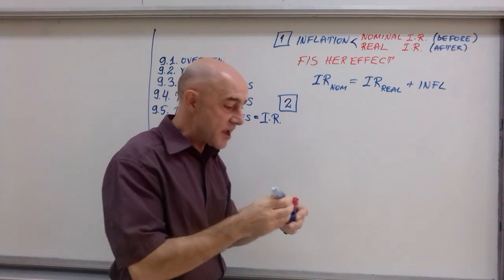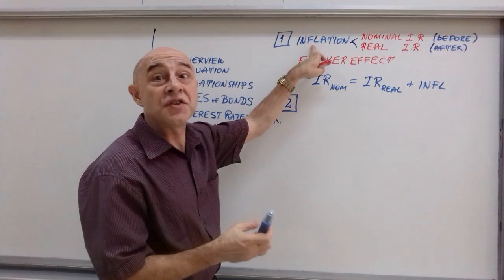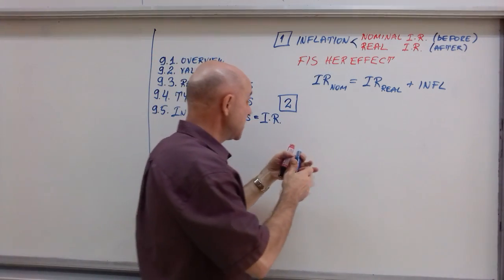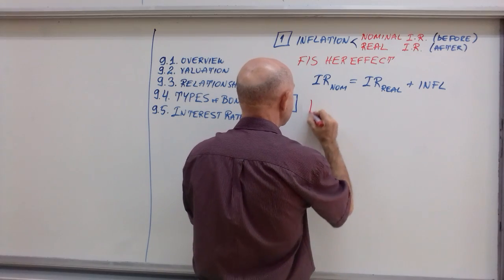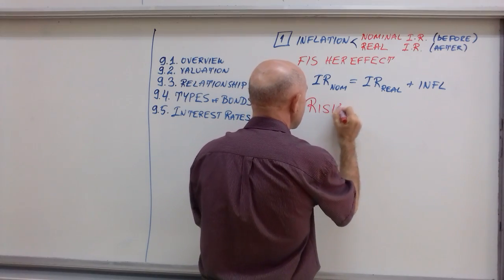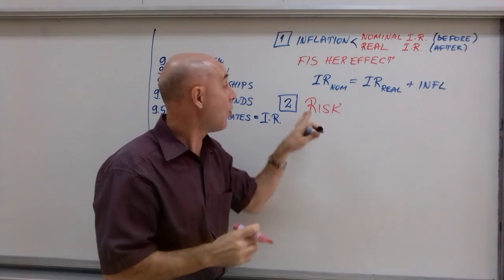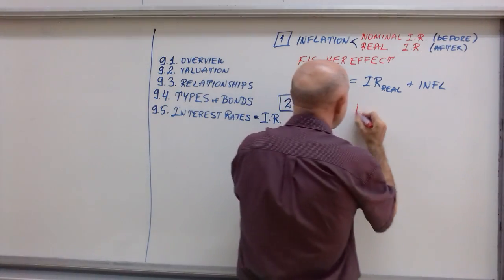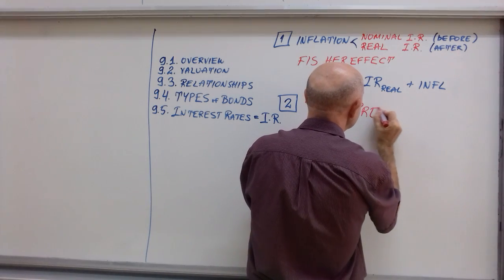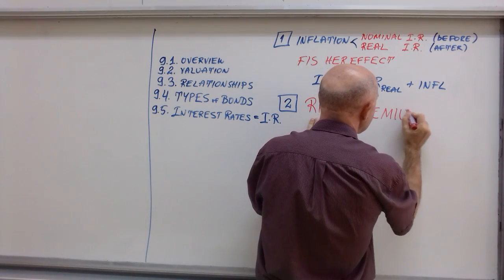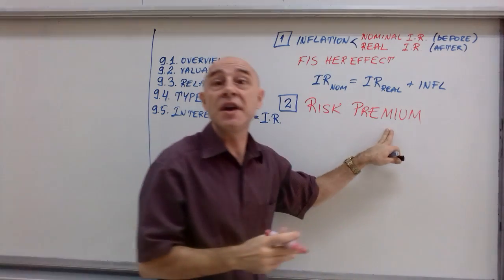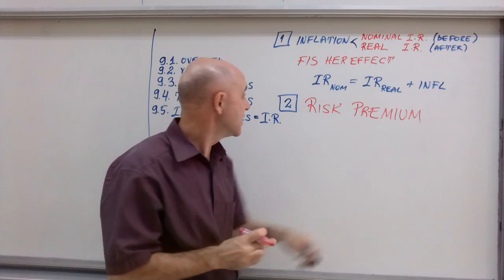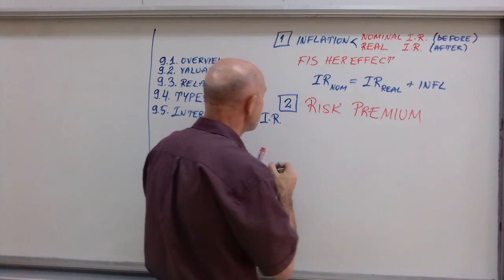And interest rates have an inflation component, and there is a risk component. The risk component, or we call it compensation for risk, is called risk premium. Premium means compensation for risk. So, what are the risk premiums?